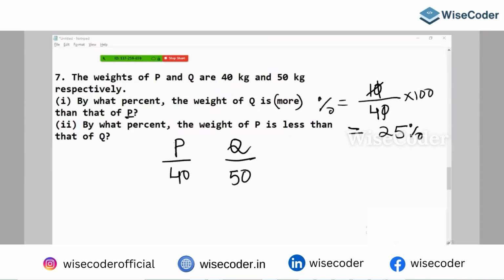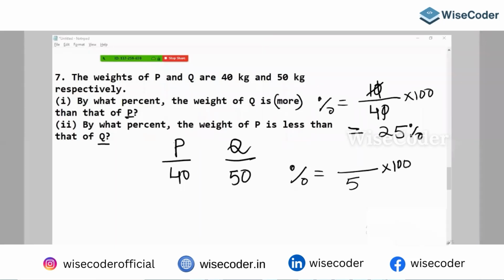Next. By what percent is the weight of P less than that of Q? Now look here. Percentage symbol: something in the numerator and something in the denominator, into 100. Think about the denominator, that of Q. So Q will come in the denominator.